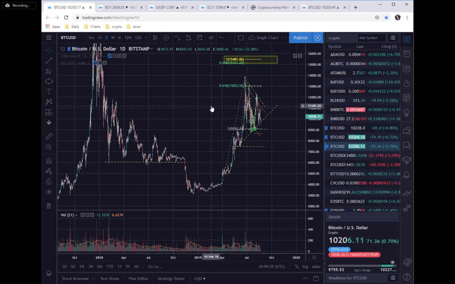So that's one thing that I think is a possibility, if there is just kind of a fear reaction to US markets or even global equity markets, that could actually initially spell some short to medium term bearishness in Bitcoin.